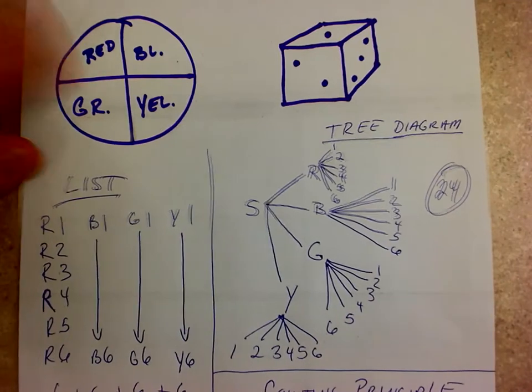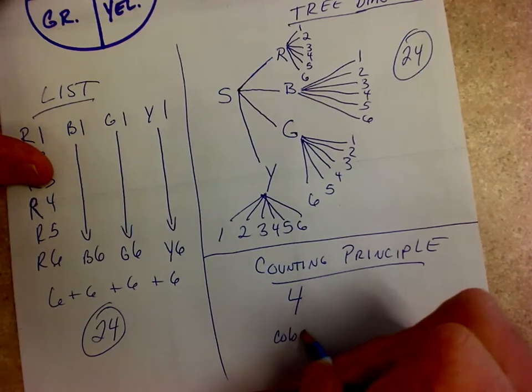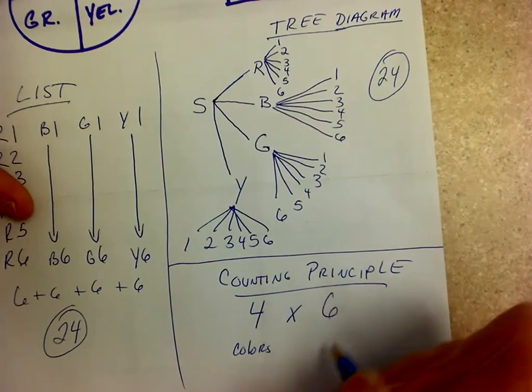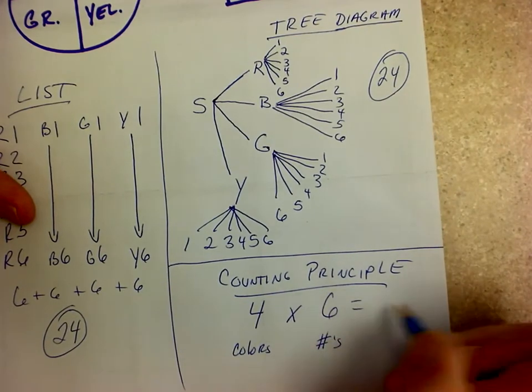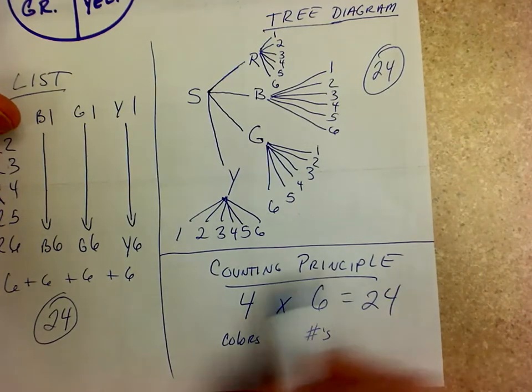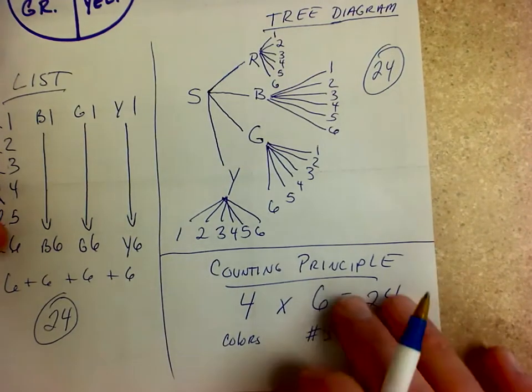So if we look at our parts, we've got 4 colors times 6 numbers. 24 combinations. This is nice if we're not required to show any work, or if we don't have to go through and find a particular item. If we're just looking for a number, the counting principle comes in handy.